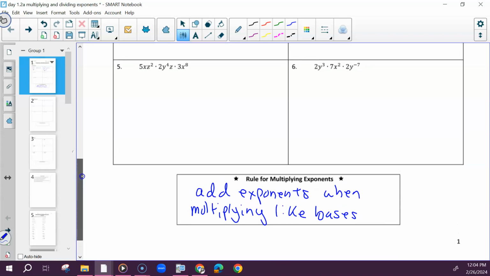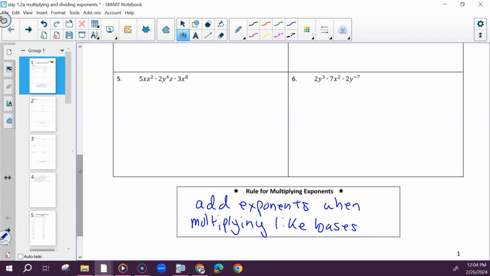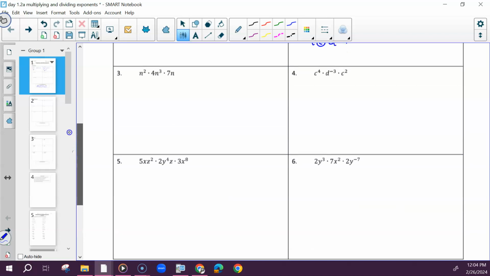Now that we know that rule, let's try 3. The 4 and the 7 aren't like bases. We would just multiply those. But all the n's are like bases.